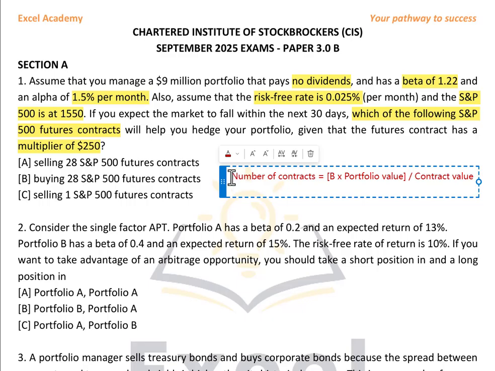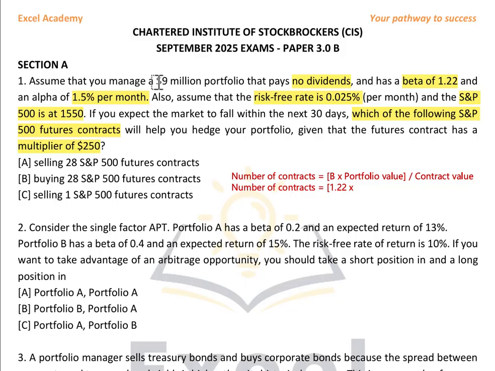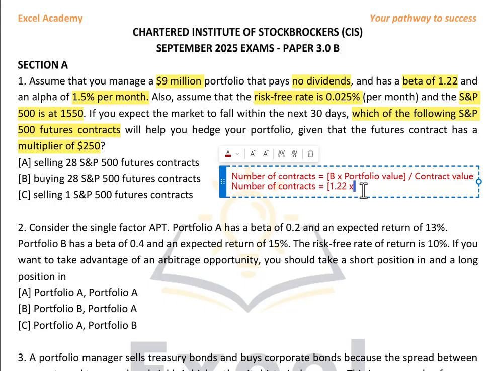Our beta is 1.22, which they already gave us, then times the portfolio value of $9 million, then divided by the contract value.